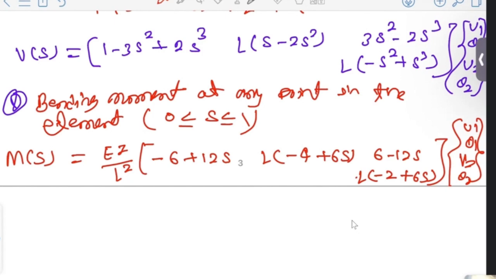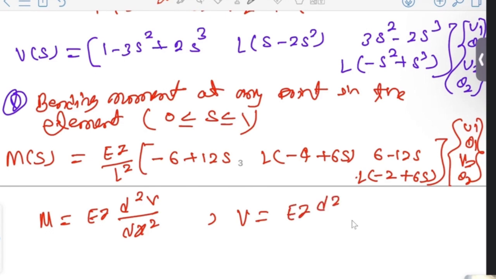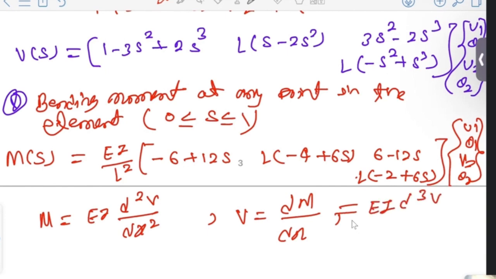One more thing, like we know that bending moment M equal to EI d2v by dx2. Similarly, shear force V equal to dM by dx, so it will be EI d3v by dx3.